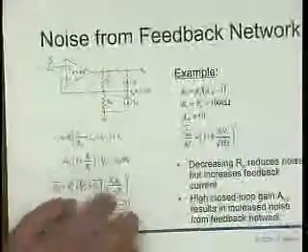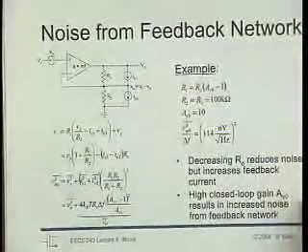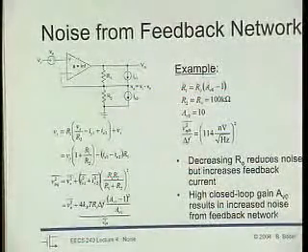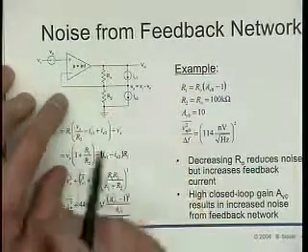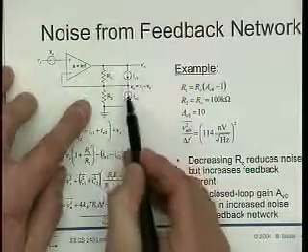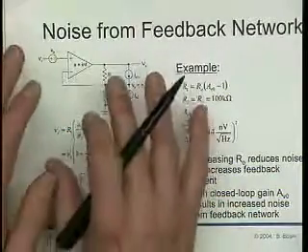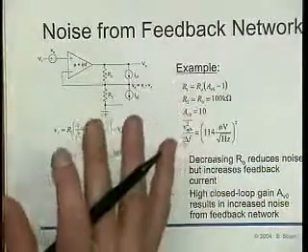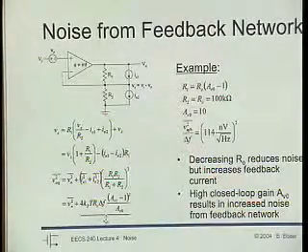Then I said, caveat, be careful. Real feedback networks may add noise. And now we do that. Here we have a real feedback network, these two resistors. Here, these are the noise sources from the feedback resistors. And now, the calculation that I'm doing here is exactly that stupid program that we looked at, I guess, last lecture.